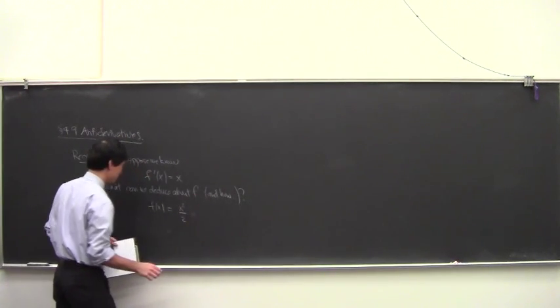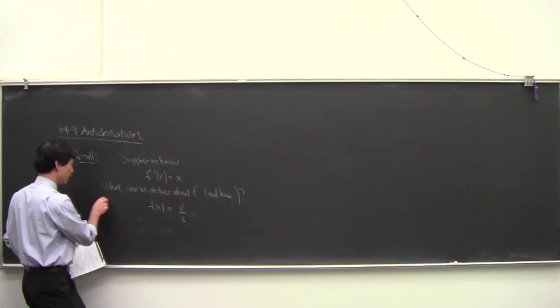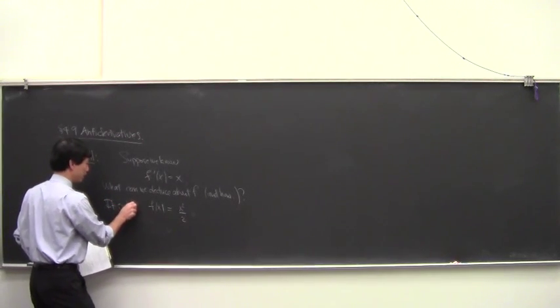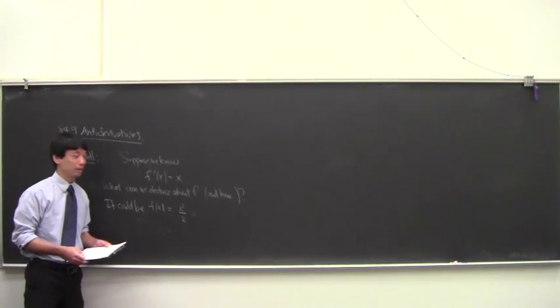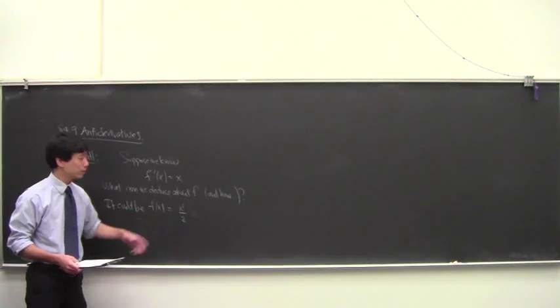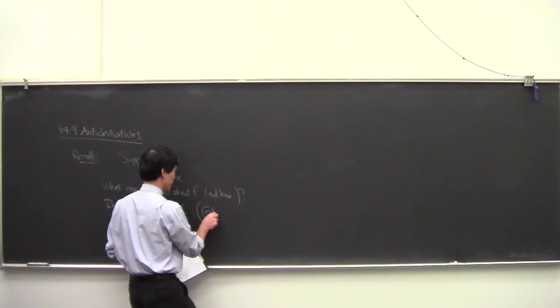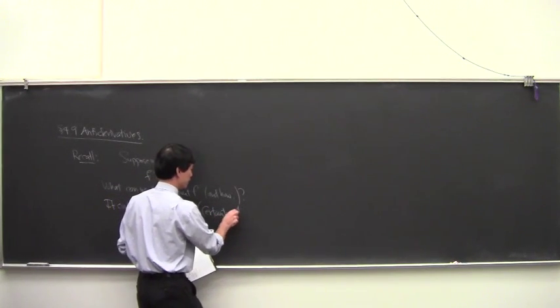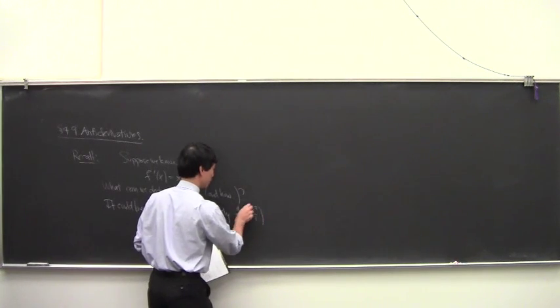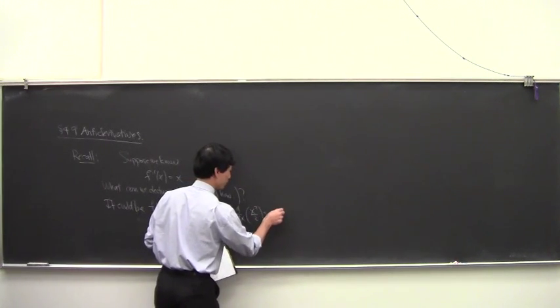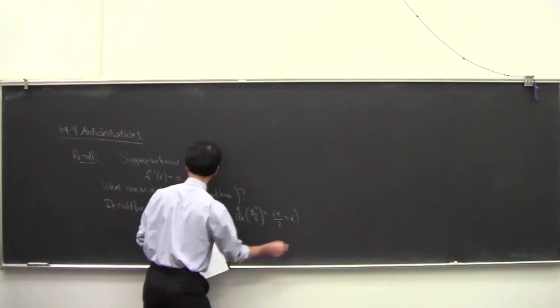So Stefano's observation, I think, is that it could be x squared over 2, right? Because when you differentiate this, certainly the derivative of x squared over 2 is 2x to the 1 over 2, which is x. Right?